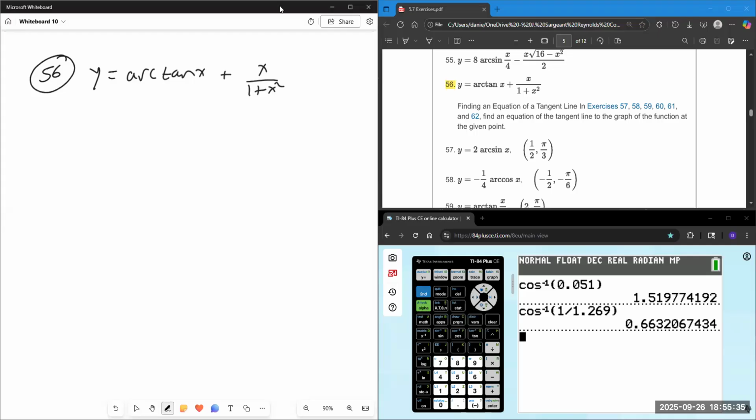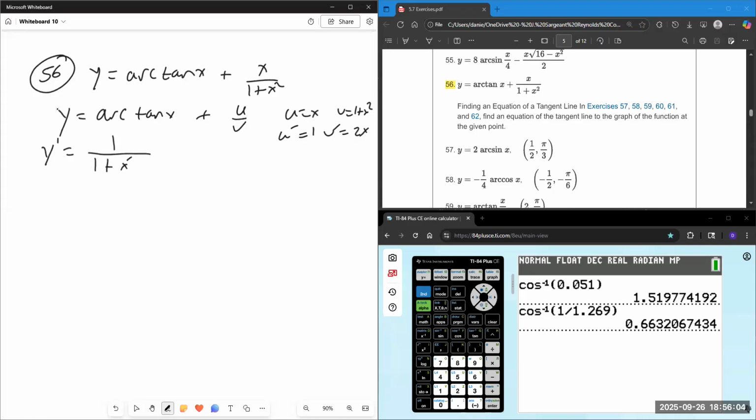So we have y is equal to arctan of x plus, I'll call that, u over v. U is equal to x and v is equal to 1 plus x squared. U prime is 1, v prime is 2x. The derivative of arctangent is 1 over 1 plus x squared. It's u prime v minus v prime u all over v squared.